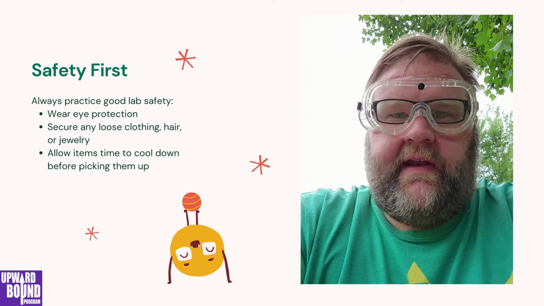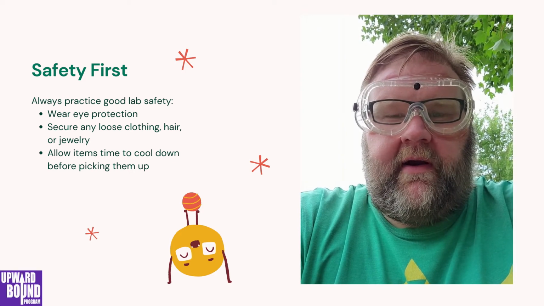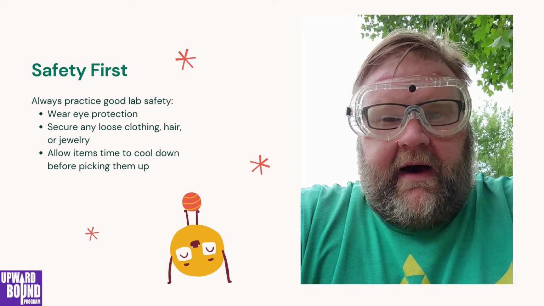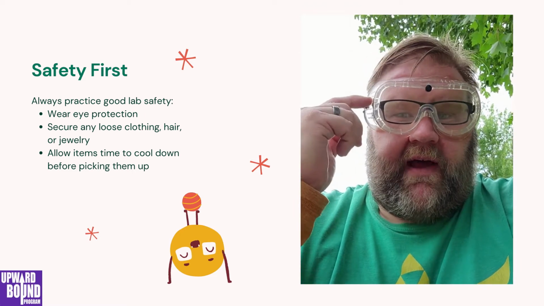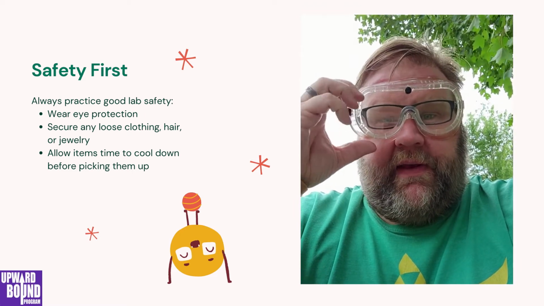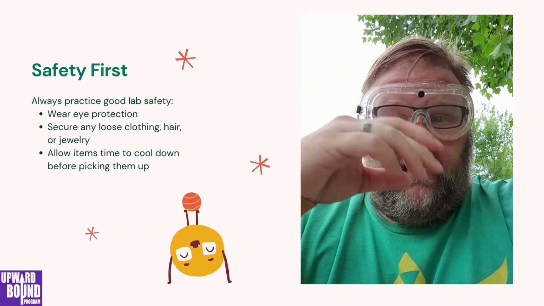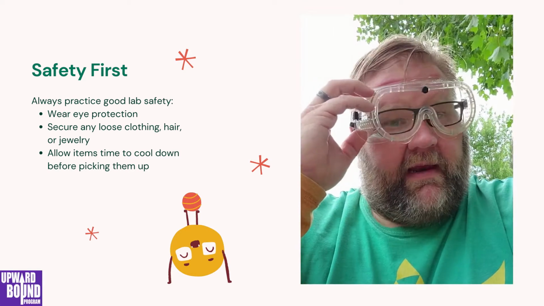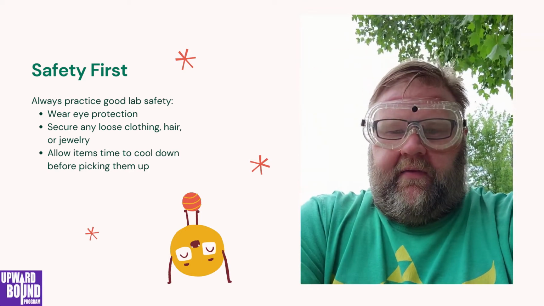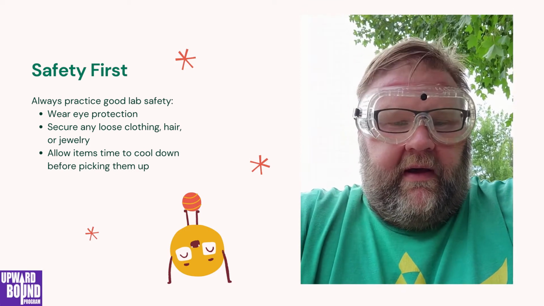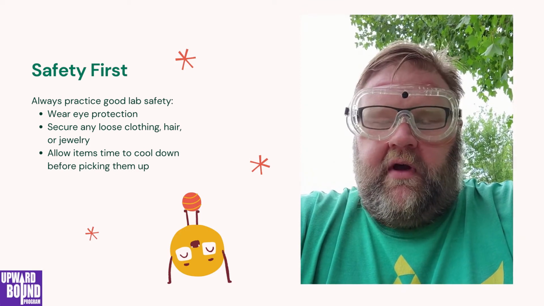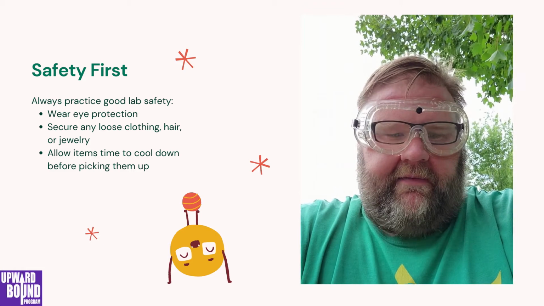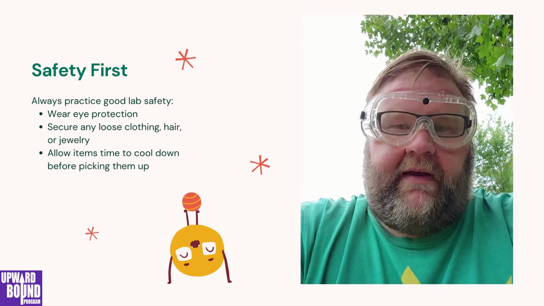Before we get started today, I just want to point out that we are practicing good lab safety, even though we are at home. I've got my safety goggles on, and they protect my eyes from anything that could potentially get in there. I have long sleeves on, but they're rolled up, and any watches or jewelry that I have are also secured so they don't slide forward.